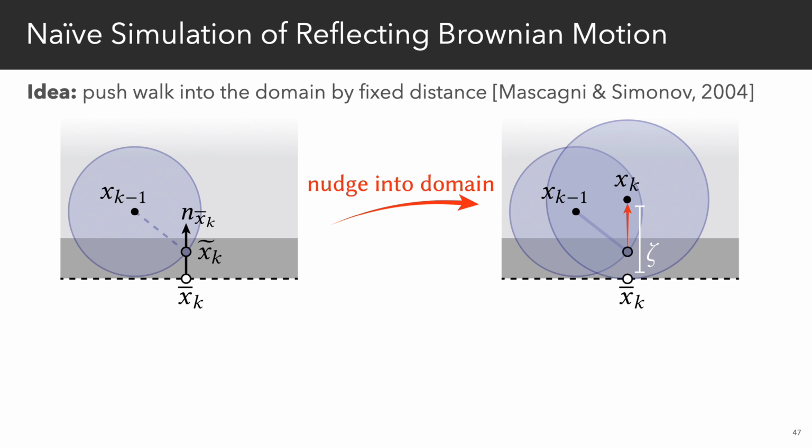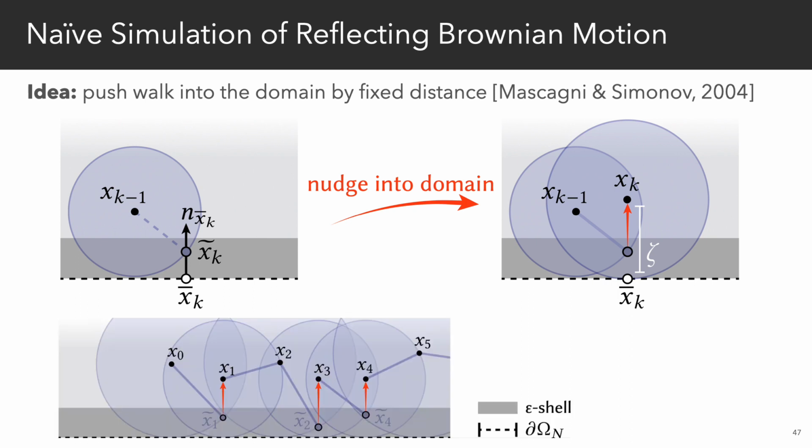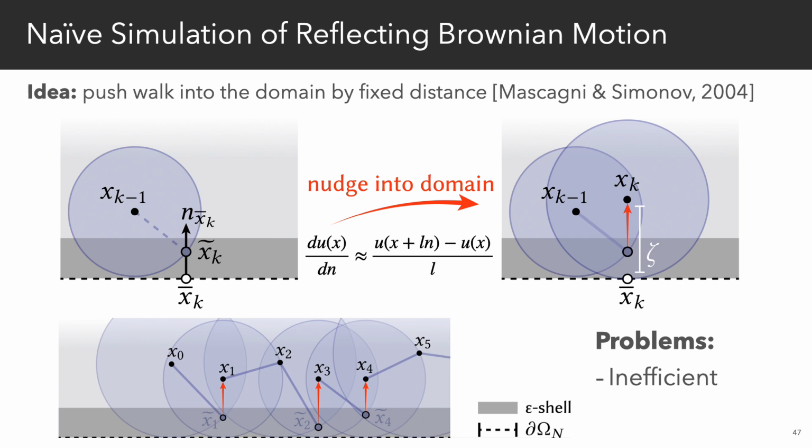So this approach has two serious problems. The first is that walk lengths can become extremely long since the boundary serves as an attractor for walk on spheres, which makes things extremely inefficient. The second is that we're effectively approximating the normal derivative using finite differences. So you get a large buildup of bias that accumulates with each boundary reflection.